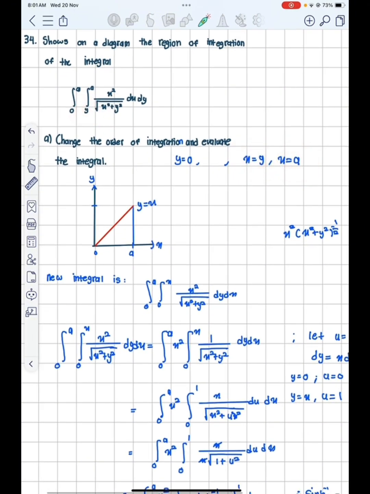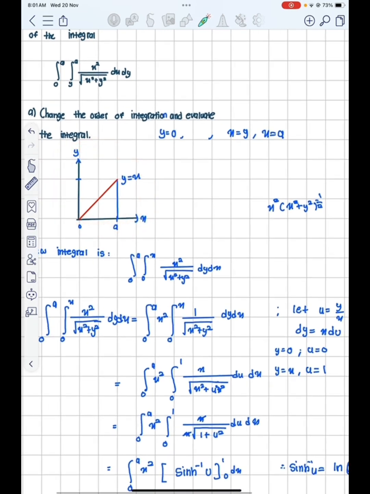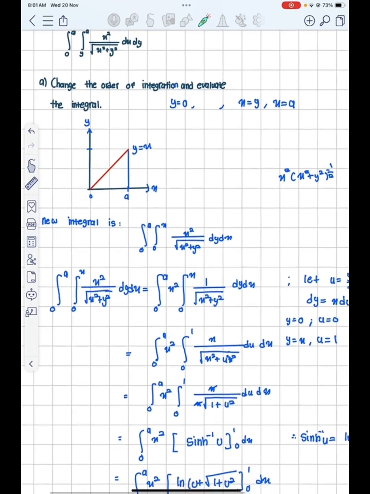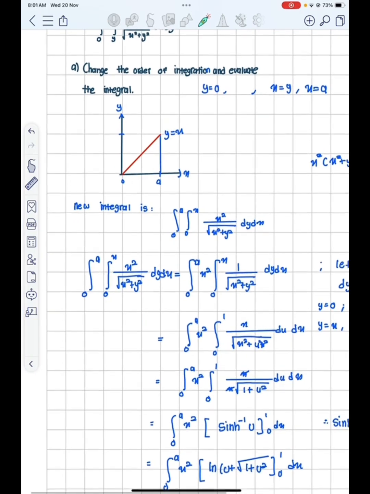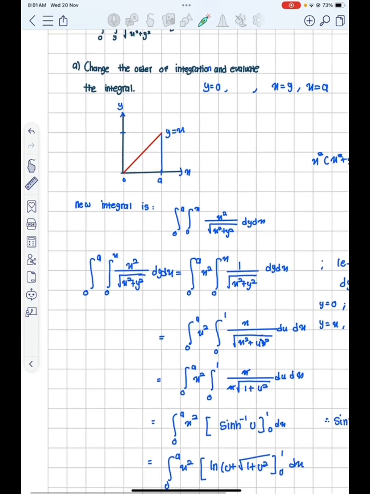So you can sketch the region for this, and for your new integral, you can take a look from the sketch, and you will get that for dy it will be 0 to x, and for x it will be 0 to a.